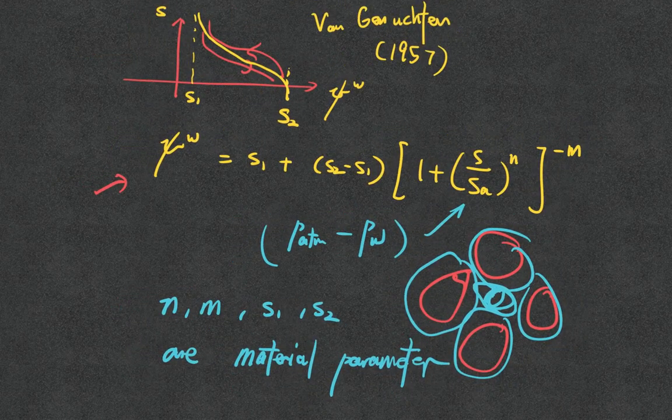This is a 1D curve, but in that 1D curve, I need 1, 2, 3, 4 parameters that need to be calibrated from experiment. N and M are just curve fitting parameters. You can argue that S1 and S2 have physical meaning, but N and M are just curve fitting parameters.